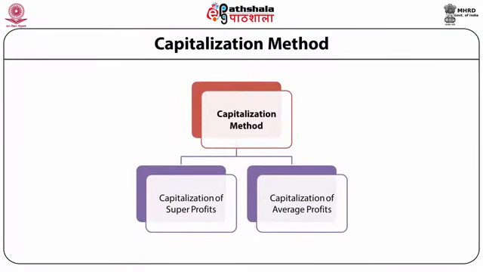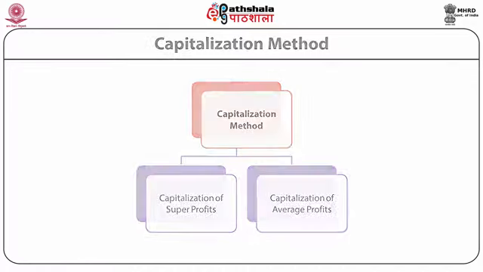The first is capitalization of super profits. Second is capitalization of average profits. Capitalization method is shown in this figure. It shows that on the basis of capitalization method, goodwill can be calculated with the help of super profit and also with the help of average profit.